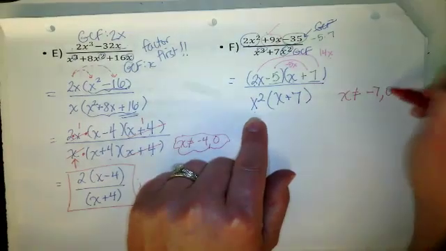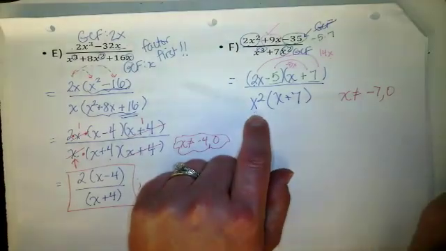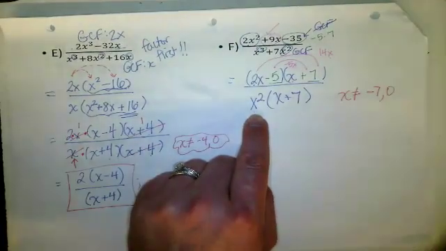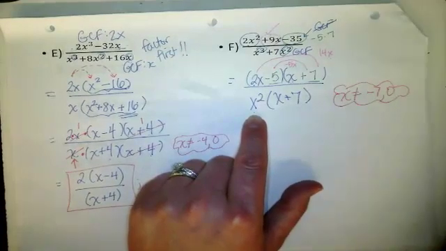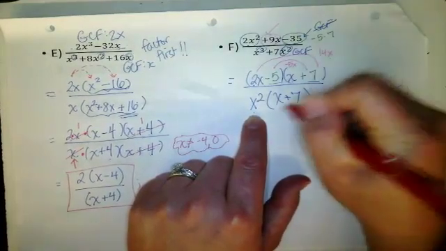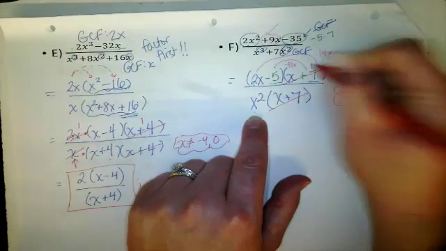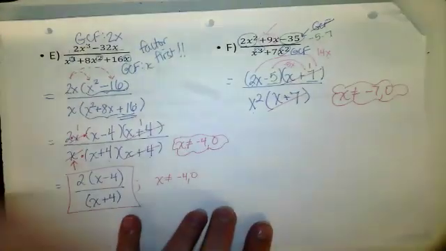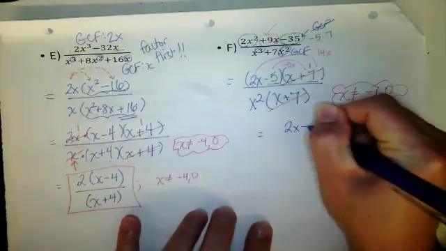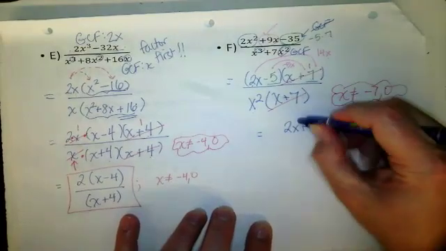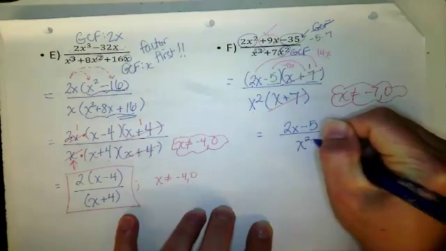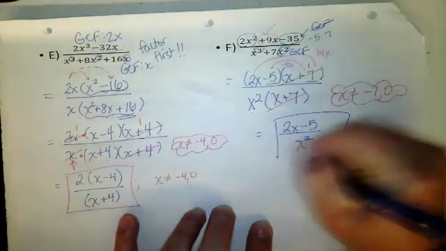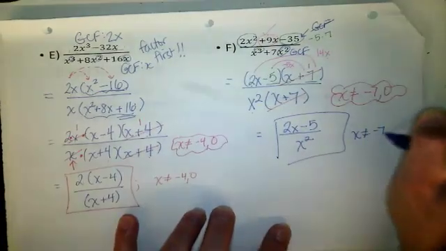Yes, very good. We got that solitary x out there. If you make it a 0, then the whole denominator is 0. Good. So what crosses out? X plus 7 goes into x plus 7 one time. And we're left with a numerator of 2x minus 5 over x squared. And x is not allowed to be -7 or 0.